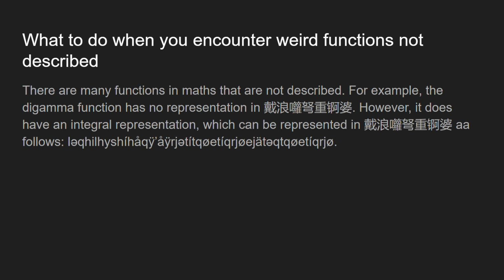What to do when you encounter weird functions not described. There are many functions in math that are not described in this language. For example, when I was doing the translation, I encountered the digamma function, which has no representation in EU. However, it does have an integral representation, which can be represented as this.